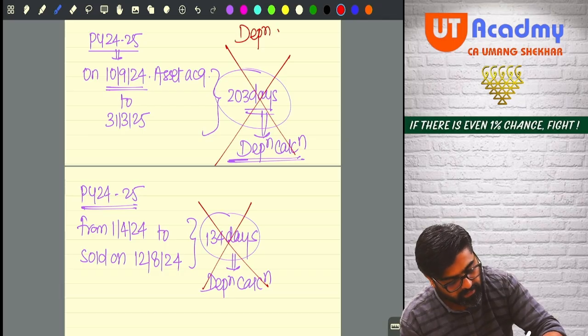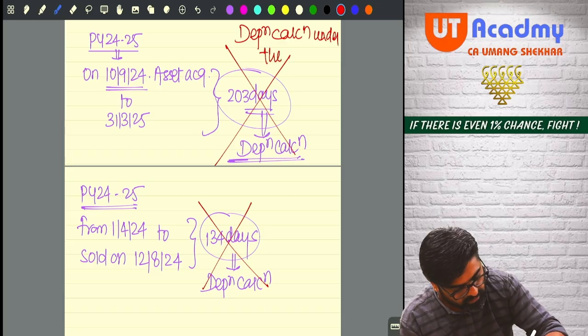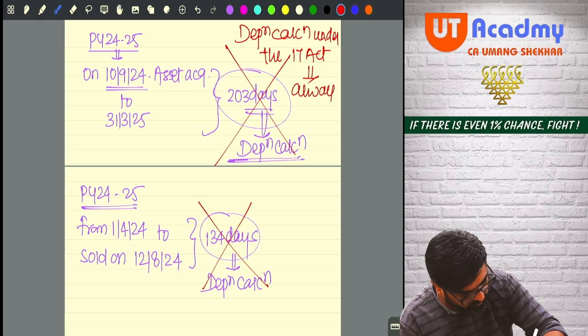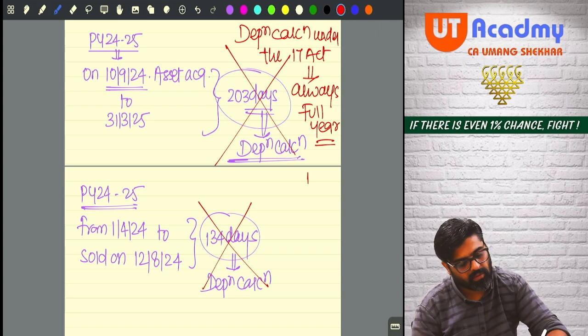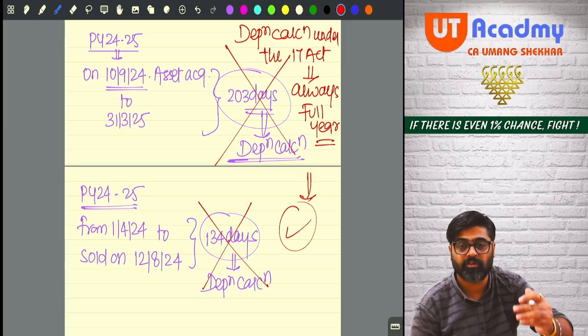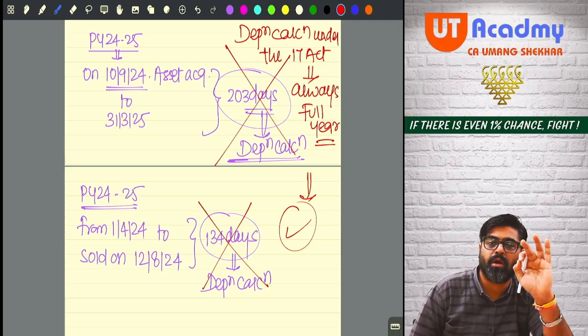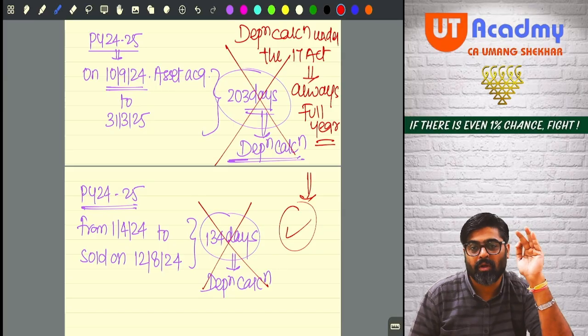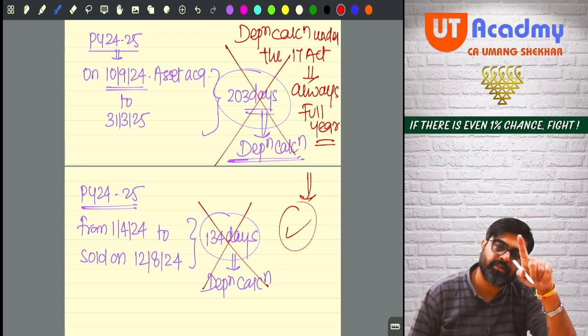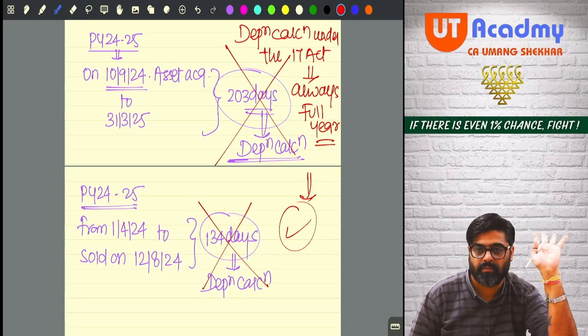Depreciation calculation under the Income Tax Act always, always, always full year. We are not going to calculate the depreciation for number of days used, number of months used. No, the depreciation calculation will happen for the full year.